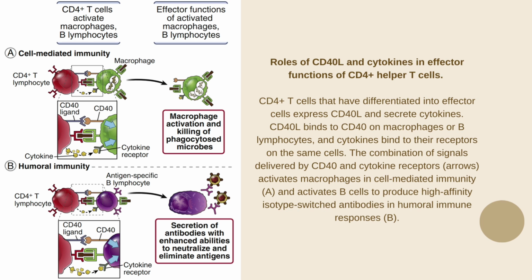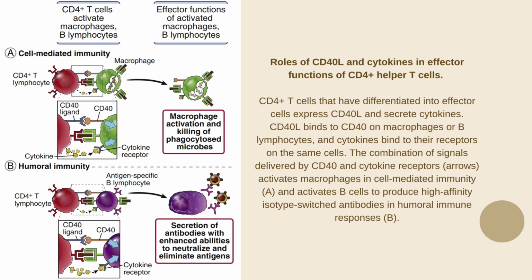Next are the roles of CD40L and cytokines in effector functions of CD4+ helper T cells. CD4+ T cells that have differentiated into effector cells express CD40L and secrete cytokines.